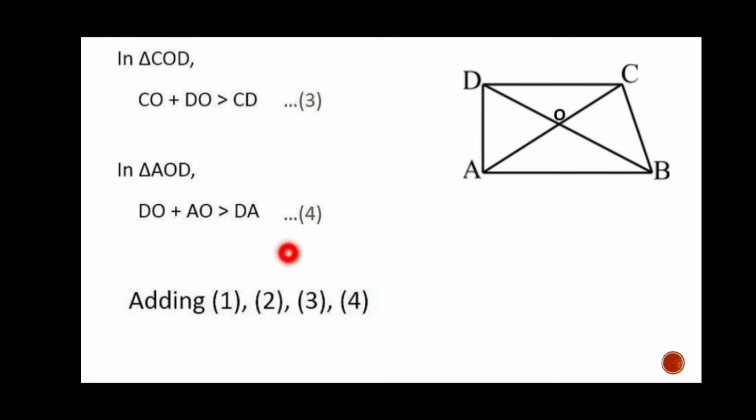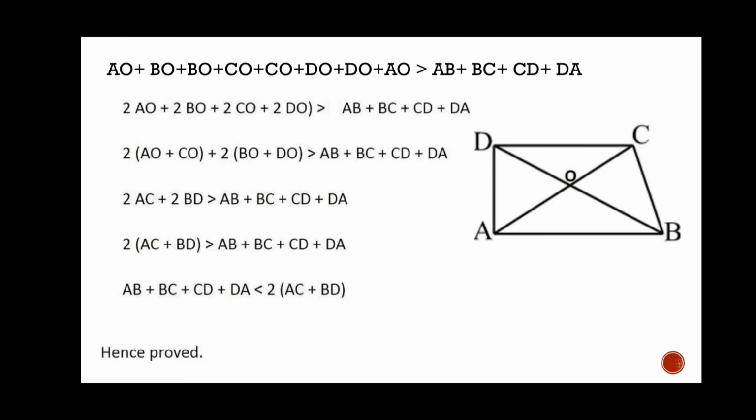So we have got these four equations, and we will add these four equations. So by adding these four equations, AO plus BO plus BO plus CO, CO plus DO, DO plus AO, this is the LHS of the equation, and on the RHS of the equation we have kept the sides.